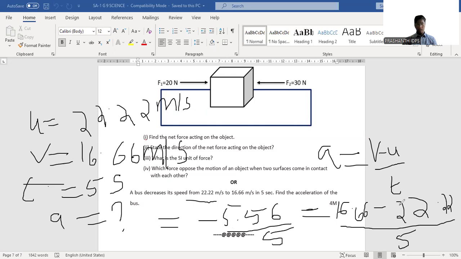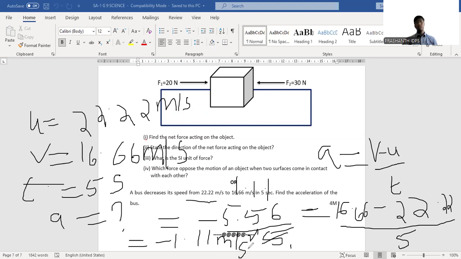If you subtract 16.66 from 22.22, you'll get this answer. If you divide by 5, you'll be getting the answer minus 1.11 meter per second square.